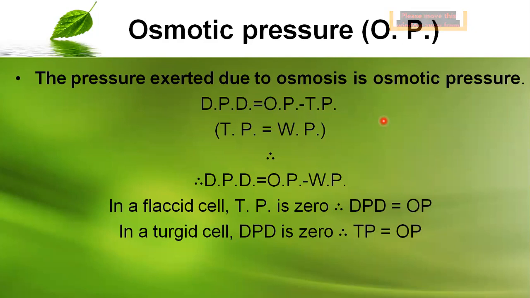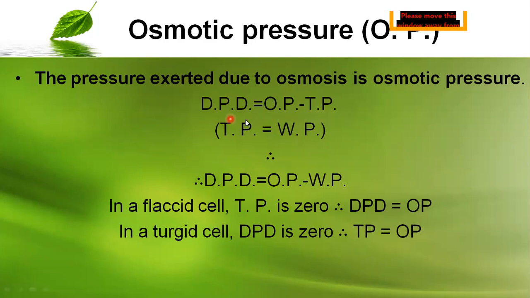If we want to know more about the osmotic pressure of a solution, it is equivalent to the pressure which must be exerted upon it to prevent the flow of solvent across the semi-permeable membrane.